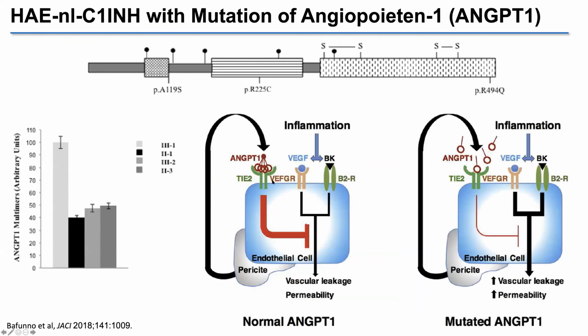And the reason that's important is angiopoietin-1 normally binds to its receptor, which is TIE2, as a multimer, and signals in a way that decreases permeability. So if you have the monomer, it doesn't signal very effectively, and you lose this inhibitory signaling and presumably get increased angioedema.